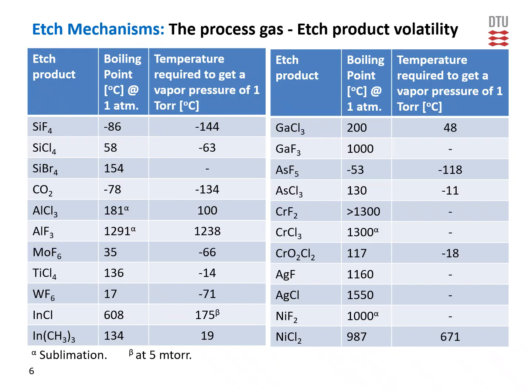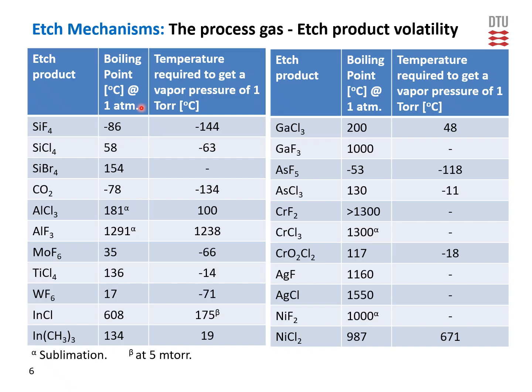Here you see a table over some different etch products. For example, you can see silicon can form etch products with all three halogens, fluorine, chlorine, and bromine. The column you see here is the boiling point at 1 atmosphere. And as you know, we are etching at a much lower pressure.